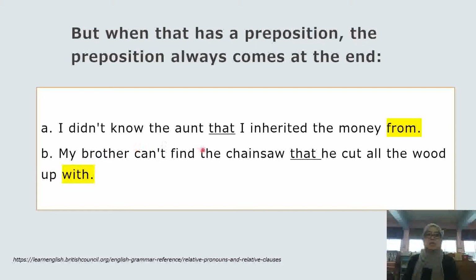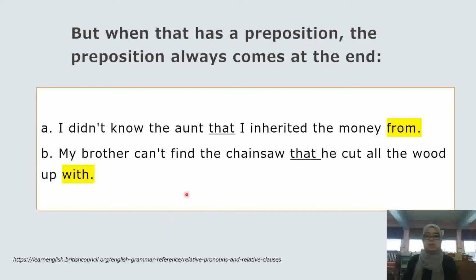I didn't know the aunt that I inherited the money from. So remember, if the relative pronoun is that, the preposition must always be at the end of the clause. B, my brother can't find the chainsaw that he cut all the wood up with.